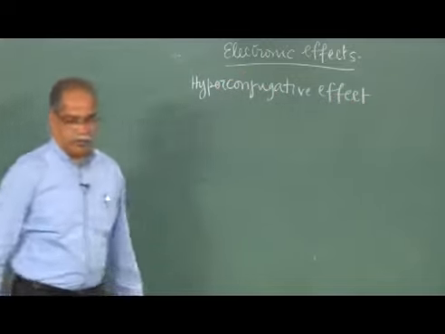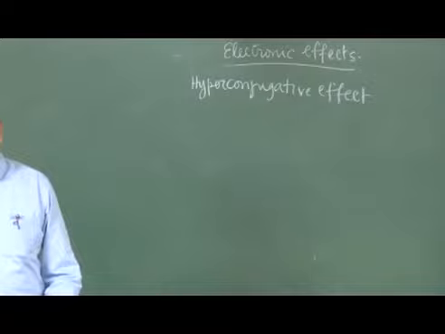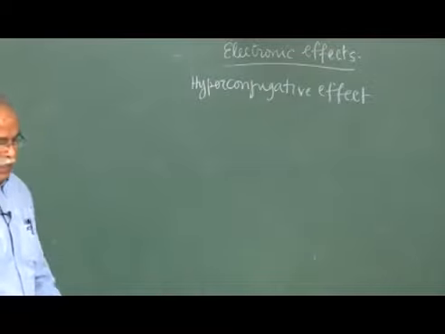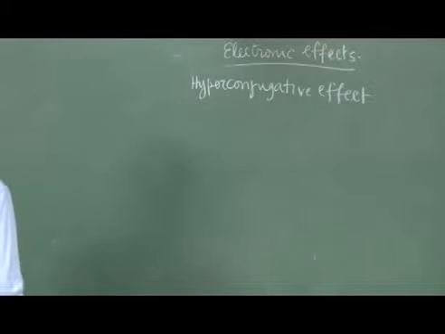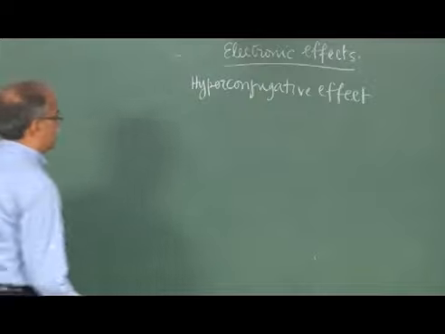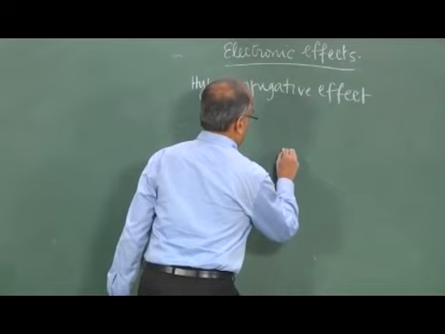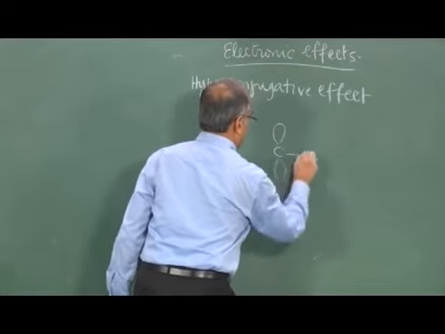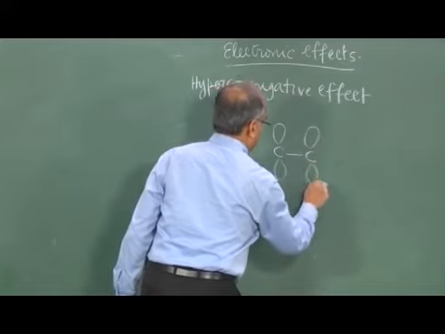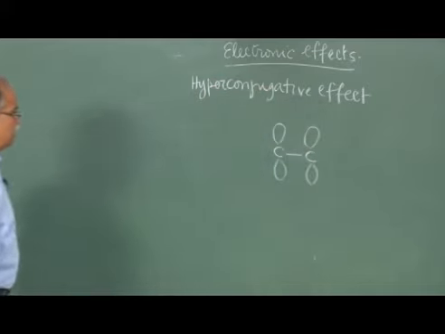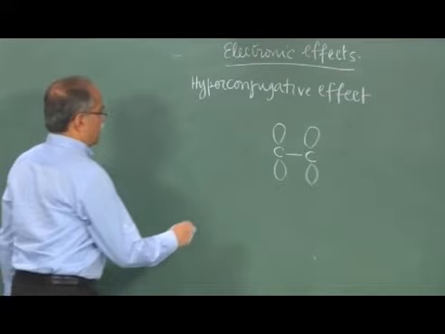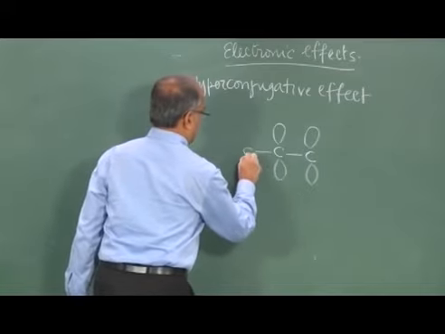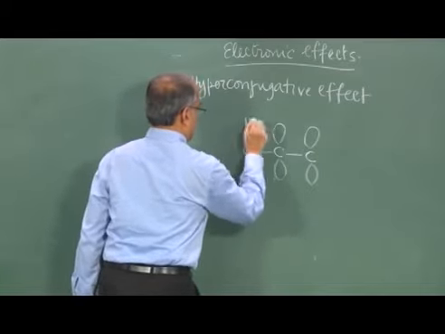Here again a CH bond that is attached to an unsaturated system, either a double bond or a triple bond, undergoes delocalization of electron. Let us say, for example, this is the pi orbital of the ethylene unit. Suppose there is a carbon that is attached with the hydrogen that is present here.